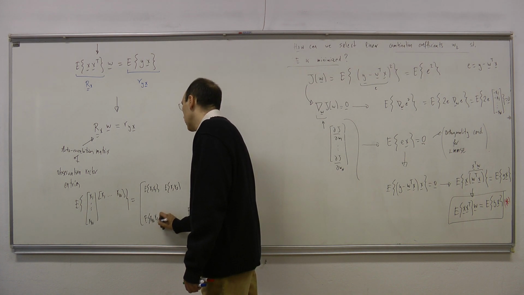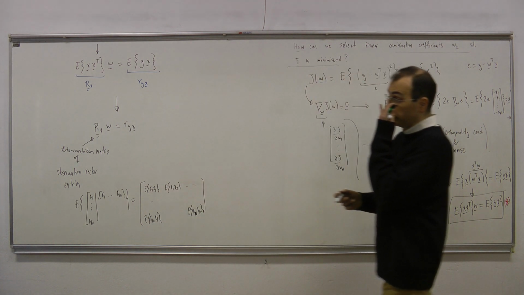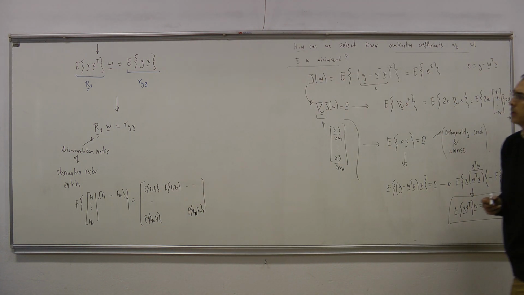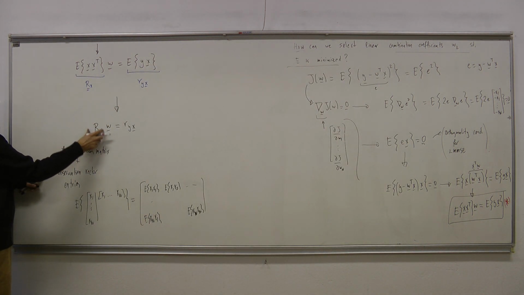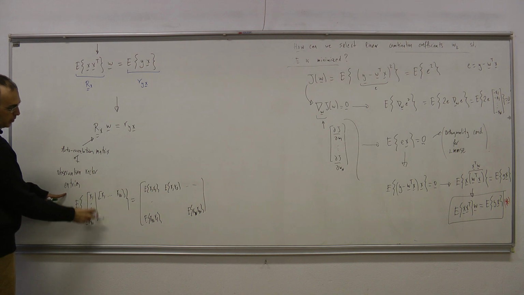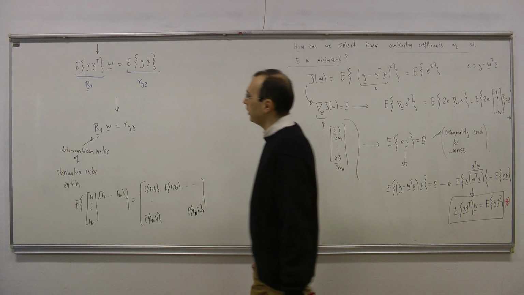We have studied this before. This is what we call the Gramian matrix, isn't it? Previously we have discussed this. So what you need to calculate is the autocorrelation matrix of your observation vector. It is needed on the left hand side.